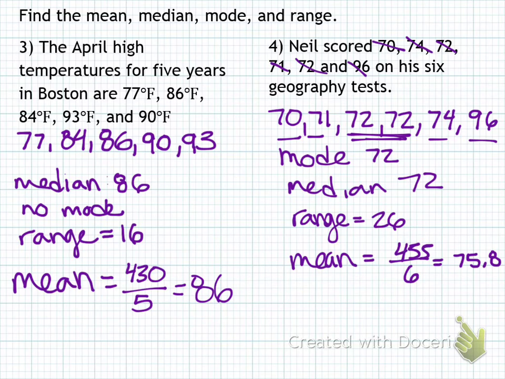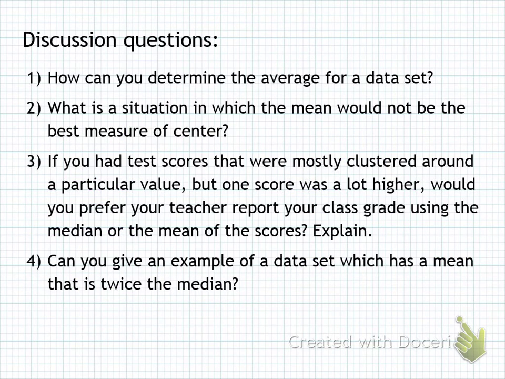You can see the median, if they have 5 that are kind of all clustered together and then a 6th one is a lot higher, the median stays kind of within their typical range, and then the mean bumps that up. So if you were a student in this case, you would probably prefer that your teacher use the mean of the scores.